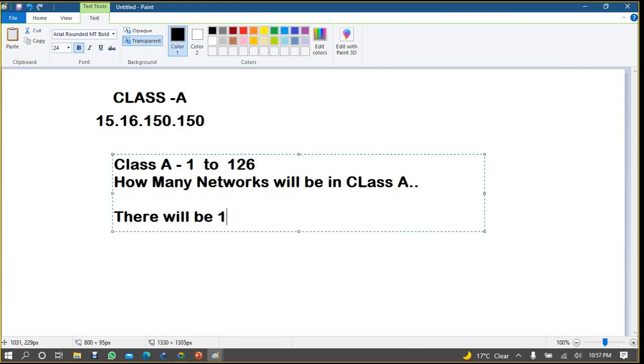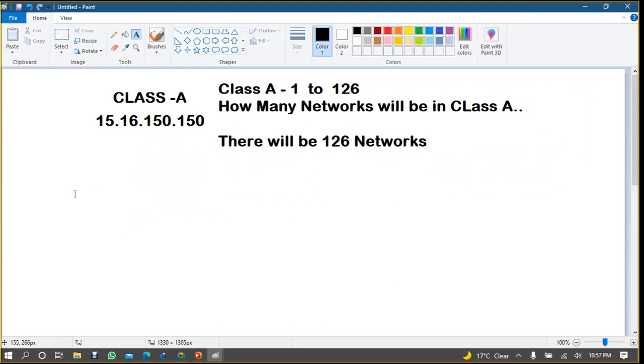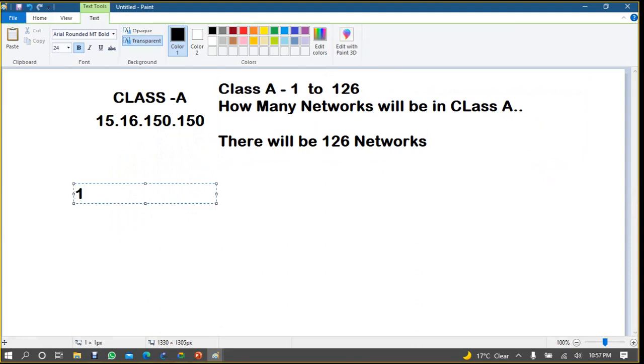There will be 126 networks. So these 126 networks, you are going to write: this is one network, 1.0.0.0, this is one network, right?